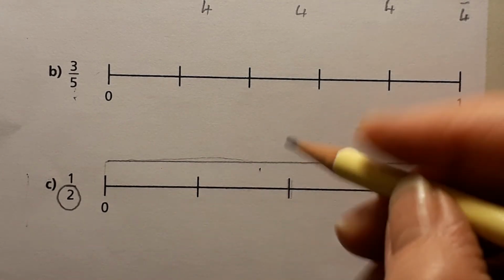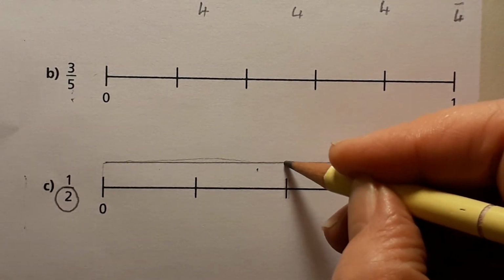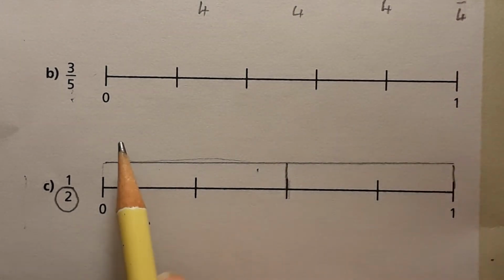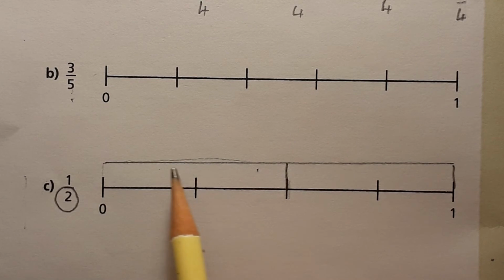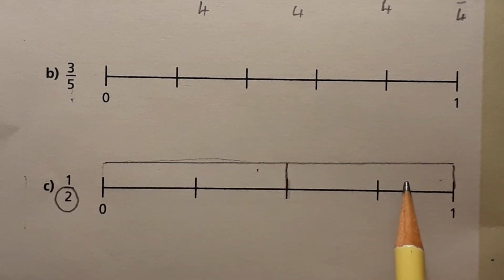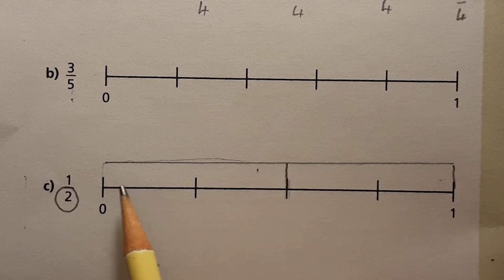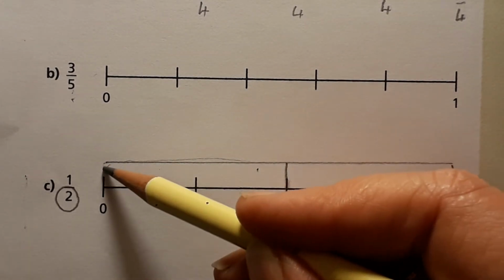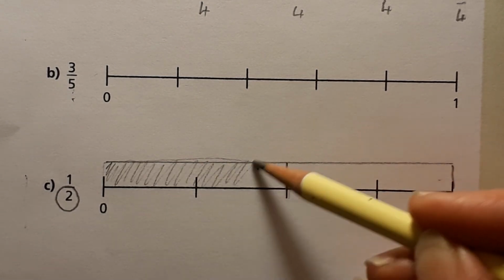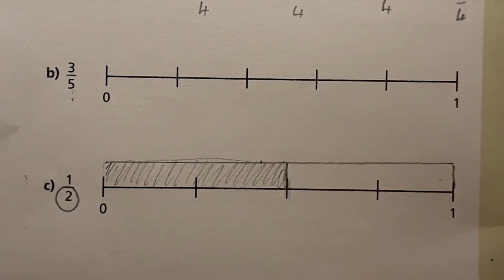So what I've done is drawn a line above, and I'm now going to divide this section just into 2 equal parts. Okay, so you can see that we would have half the amount.